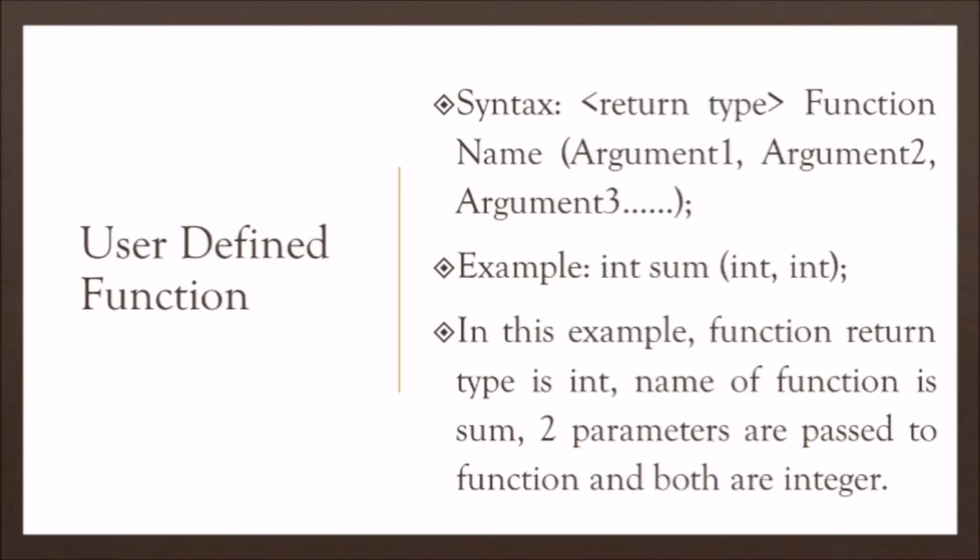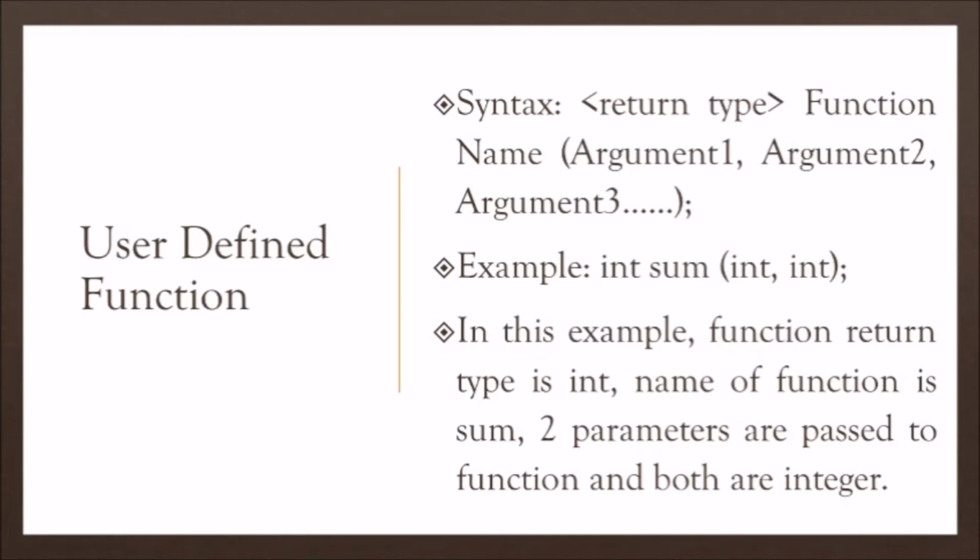Then the function name, then the arguments, as many as you want to use, and then a semicolon. This is the syntax of a function declaration.